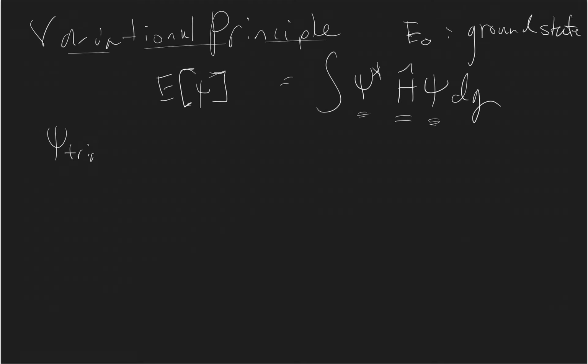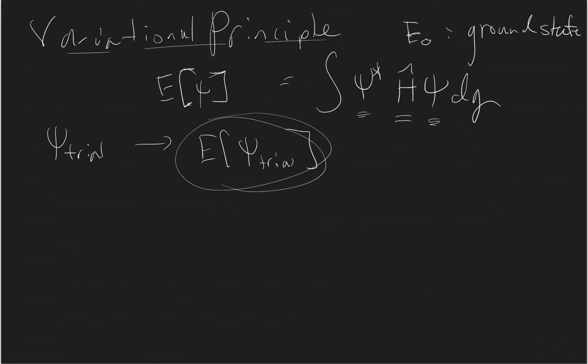If I were to put in some random trial wave function and compute the functional, the calculated energy that comes from this reading will be greater than or equal to the ground state.